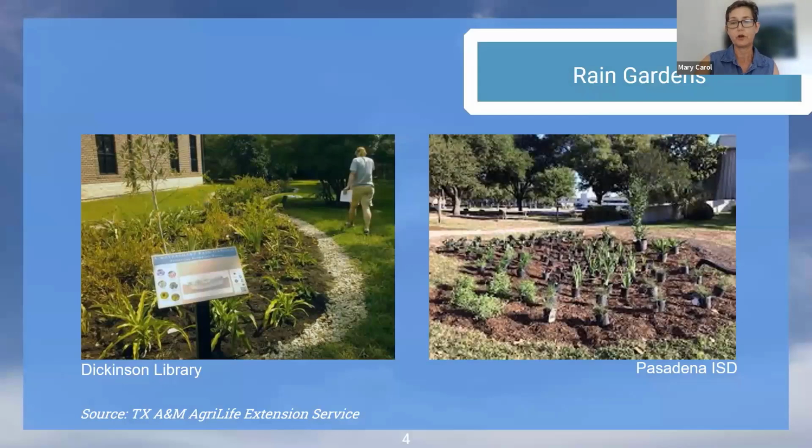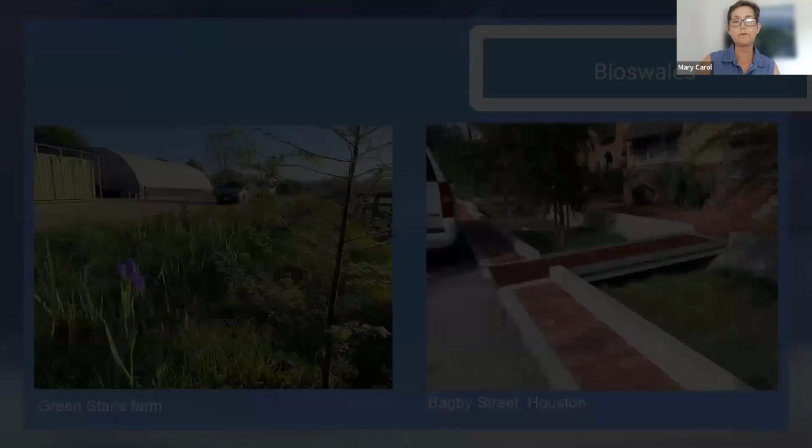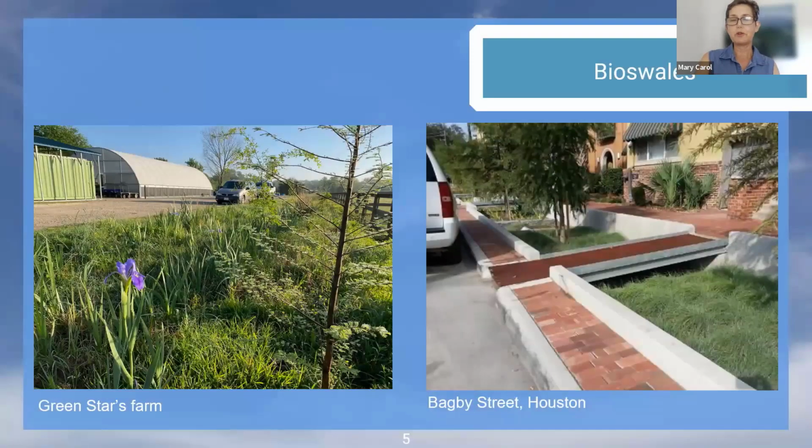It goes through wet cycles and goes through dry cycles as well. Bioswales are similar, except it's kind of a conveyance for the water. You might think of it as a ditch. On the left side, there's a more informal bioswale at the farm that we're using to grow out wetland species and as a demonstration garden. And then on the right, it can be a highly engineered thing also, like you see here on Bagby Street.